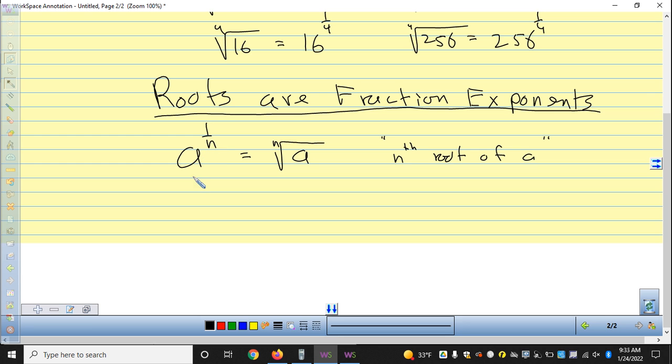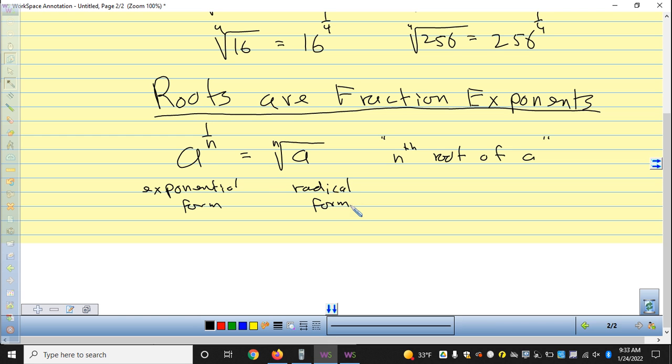When it's written this way, we call this exponential form, because this is an exponent. And when it's written this way, we call it radical form.